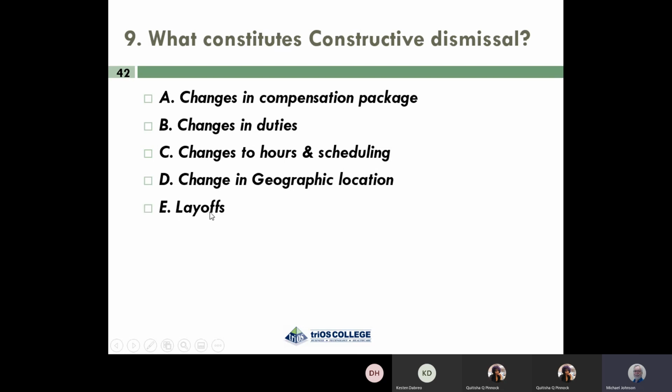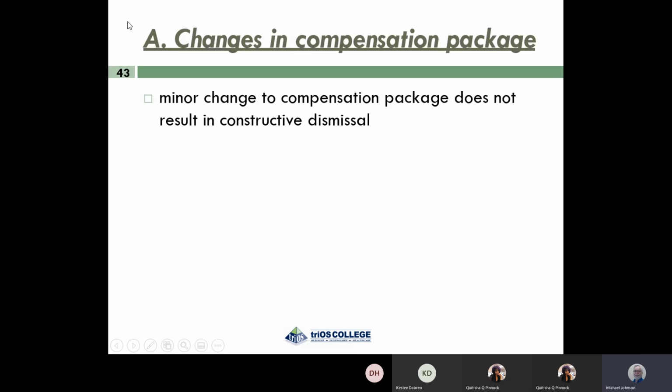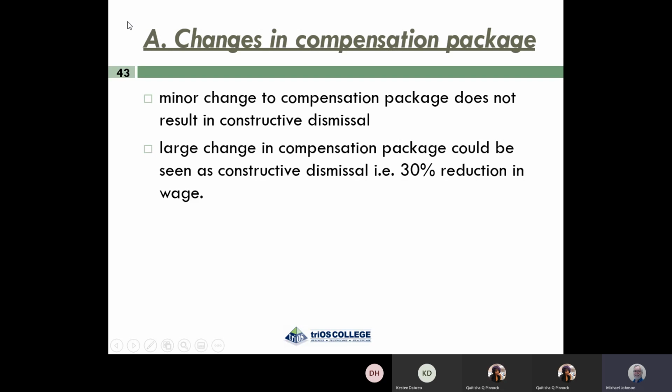Layoffs, which is one of those issues that takes place every so often, and untenable work environment. In other words, a very poisonous type of environment to work in. So let's take a look at this. Some changes have taken place within your pay structure or the benefits package. If that is defined within the contract, go ahead.